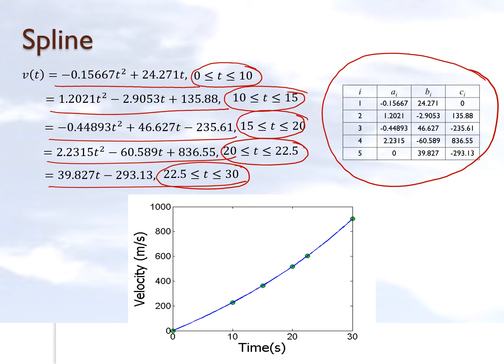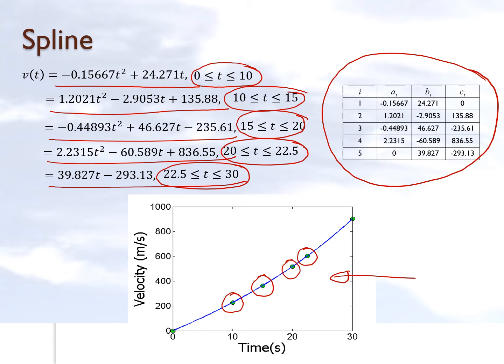This is the graph of the quadratic spline interpolation, and you can maybe not visually see it here, but the slopes seem to be continuous at the interior data points, based on what we have found out.